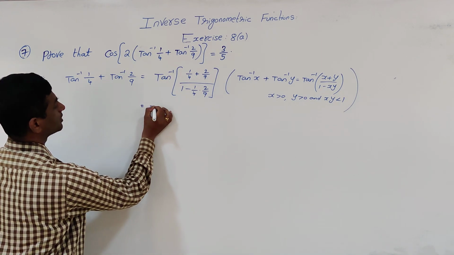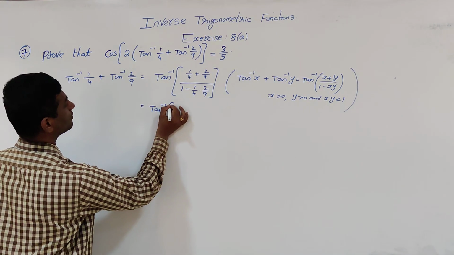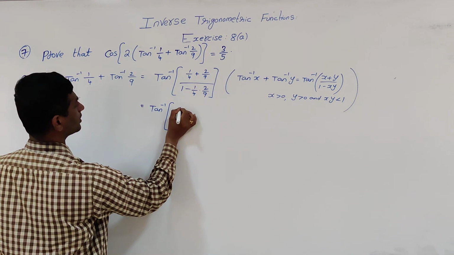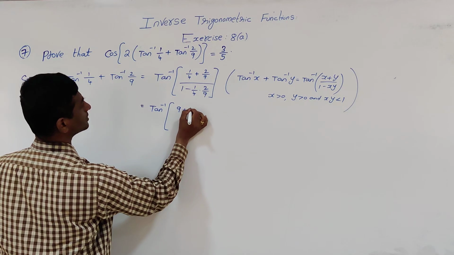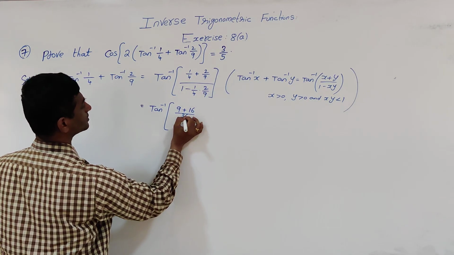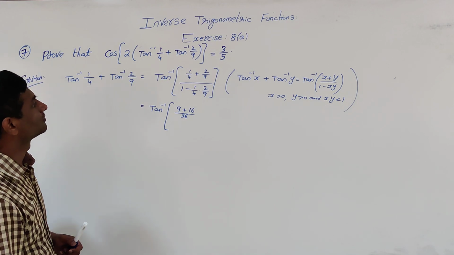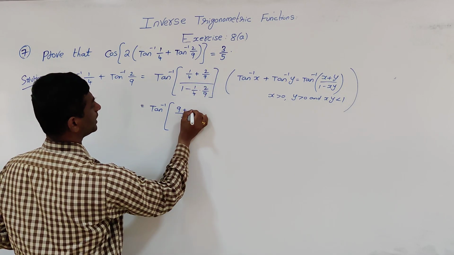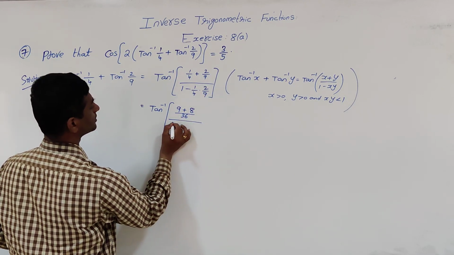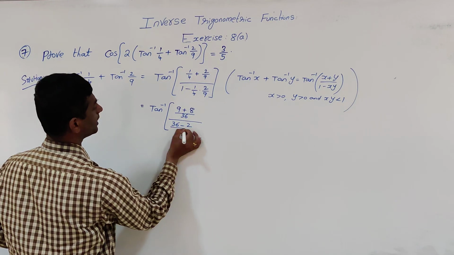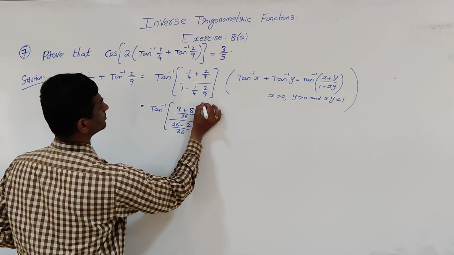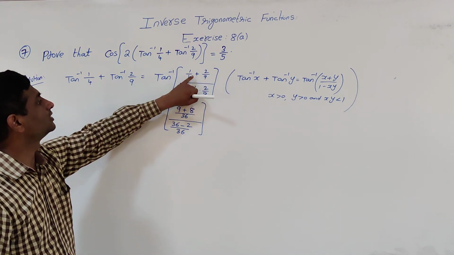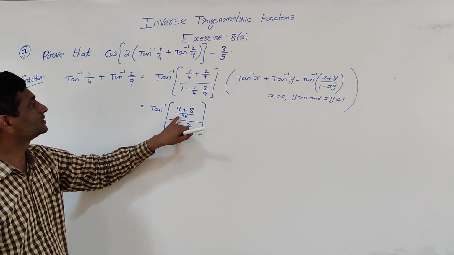So it reduces to what? Tan inverse of... LCM is 36, so it will be (9+8)/36 over (36−2)/36.